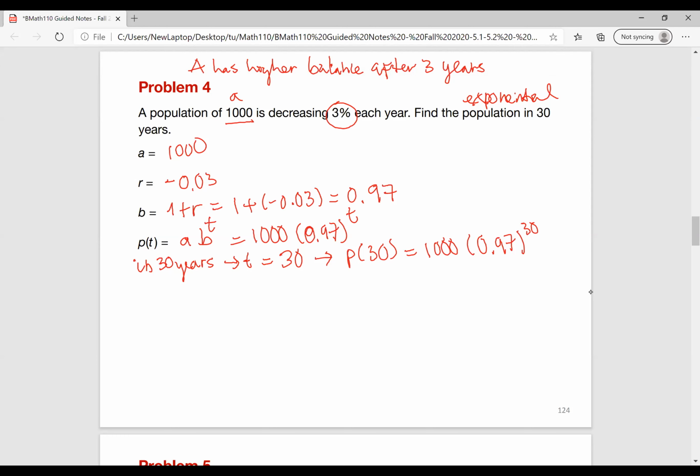So use a calculator. Maybe this one is not an easy one. Let's see. 0.97 to power 30 times 1000. And we have 401.007. So I will say 401. I'm going to say so P of 30 will be equal to 401.